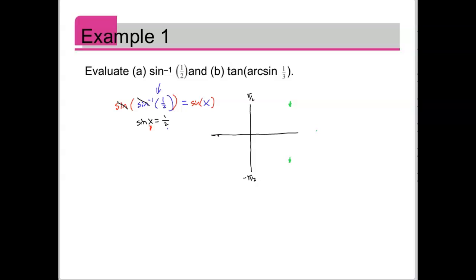The other thing is this. I told you that when you're going to do things by hand, you only need to know two special triangles, a 30, 60, 90 triangle and a 45, 45, 90 triangle. Which one of those can possibly produce a ratio of 1/2? 30, 60, 90 or 45, 45, 90?